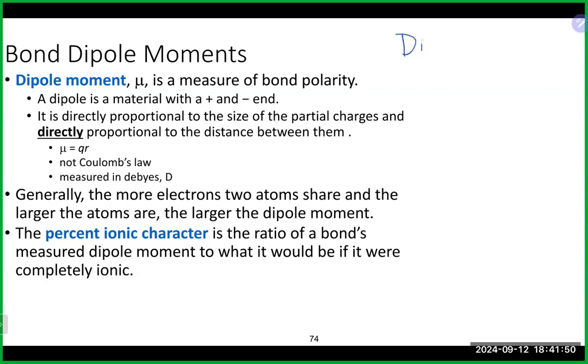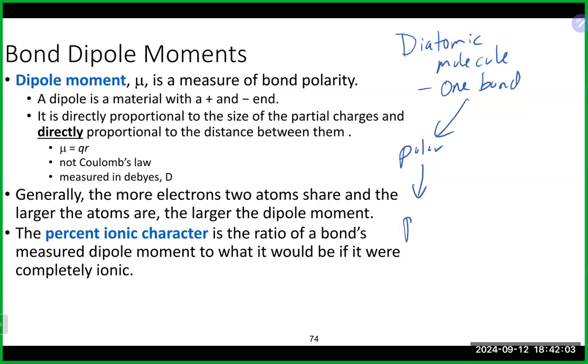If you have a diatomic molecule, because it has only one bond, if that bond is polar, that means you will have a polar molecule. And if that one bond is nonpolar based on electronegativity difference, then the molecule will be nonpolar.